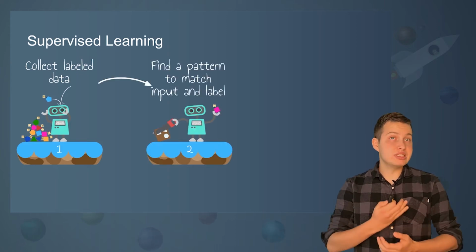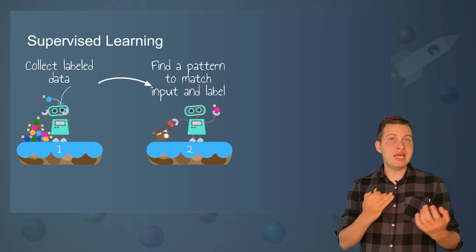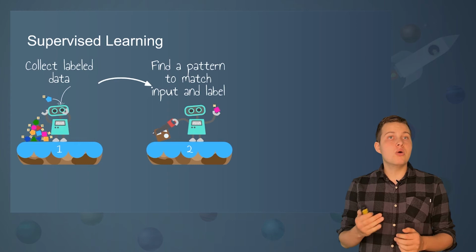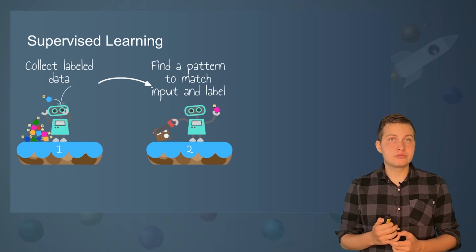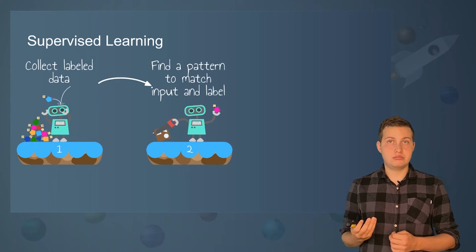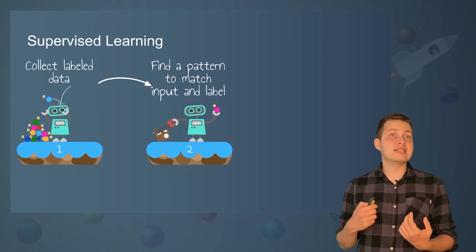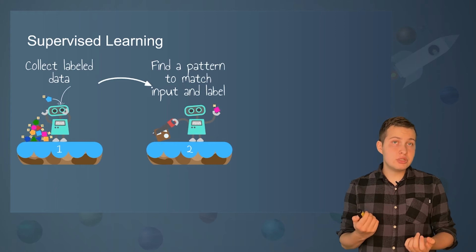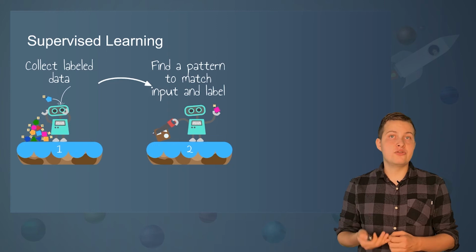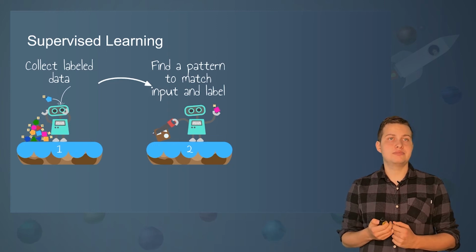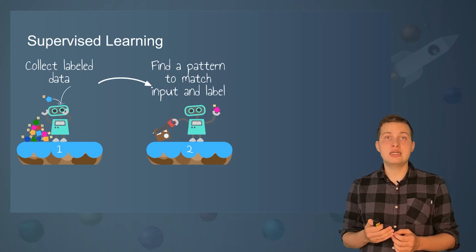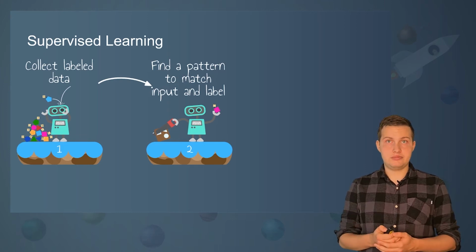From these labeled inputs, the algorithm finds a pattern to match the input, for example the shape and color, or whether the monkey is smiling or not, and their labeling, for example A or biting. Essentially, it creates a set of rules that allows the assignment of the feature to the label and refines these rules step by step. Since the labels of the inputs are known from the training set, the learning process can be supervised.